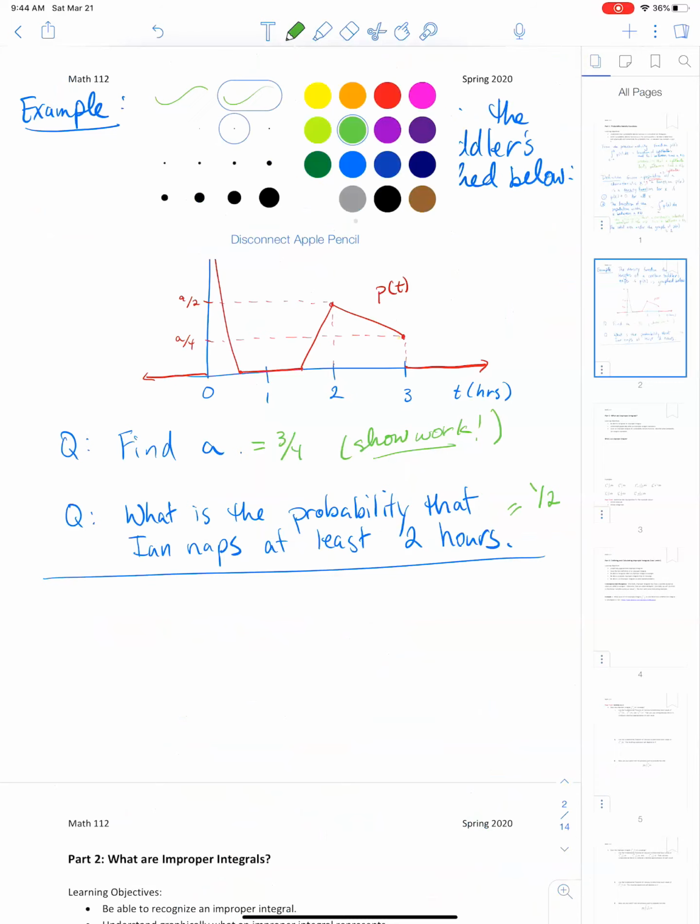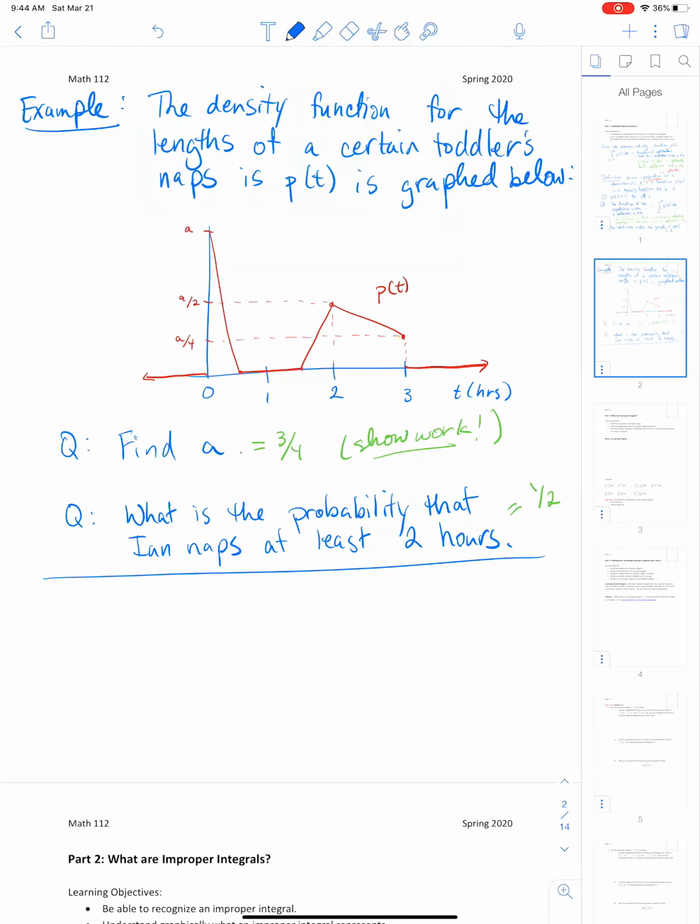Okay, so moving on, just let me give you one more example of a probability density function that you'll run into very often. And that is a normal density function.